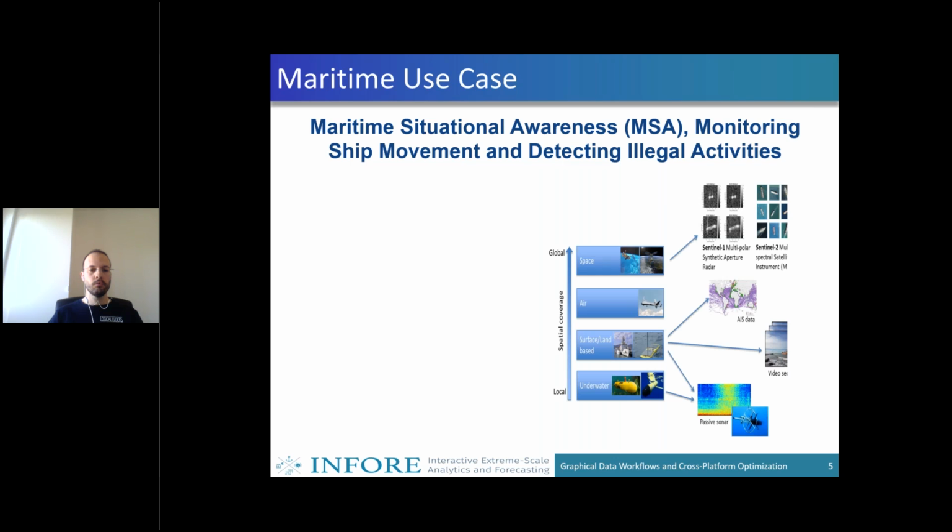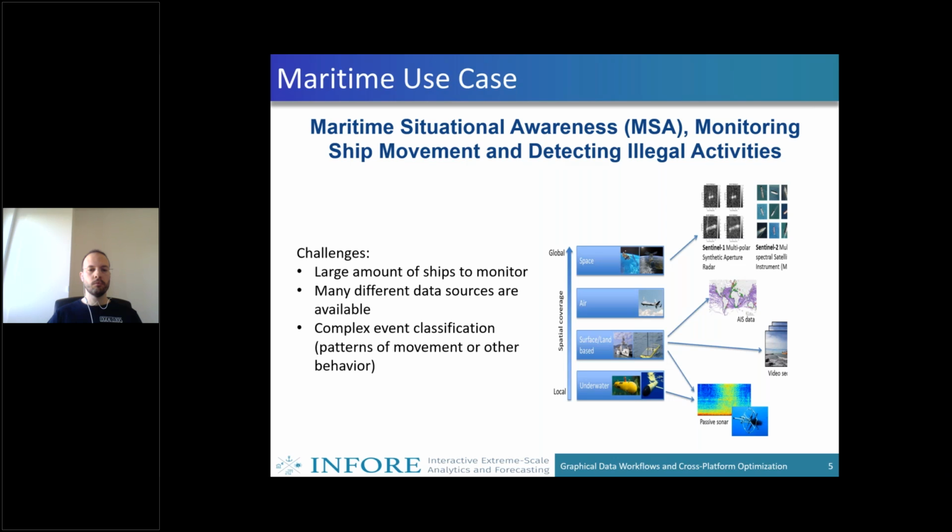The challenge here is that we have data coming in from a lot of different sources, like local data from underwater monitoring systems, sonar, microphones, land-based survey and surface-based monitoring, and of course global satellite positioning data and space monitoring via satellite.